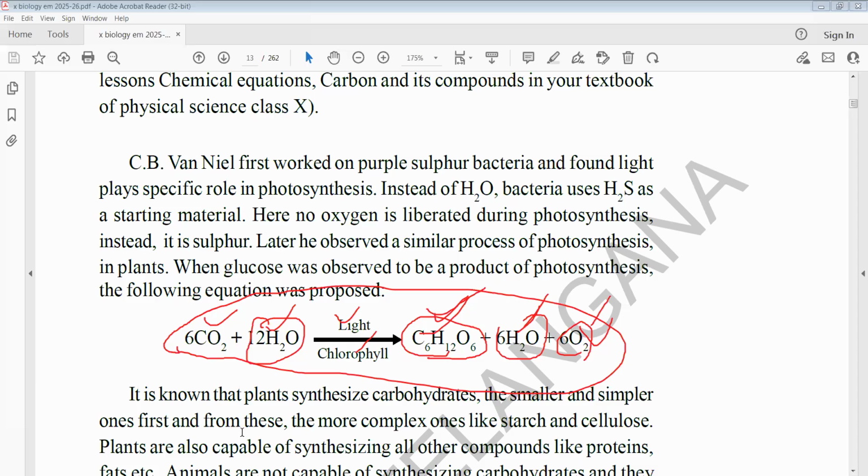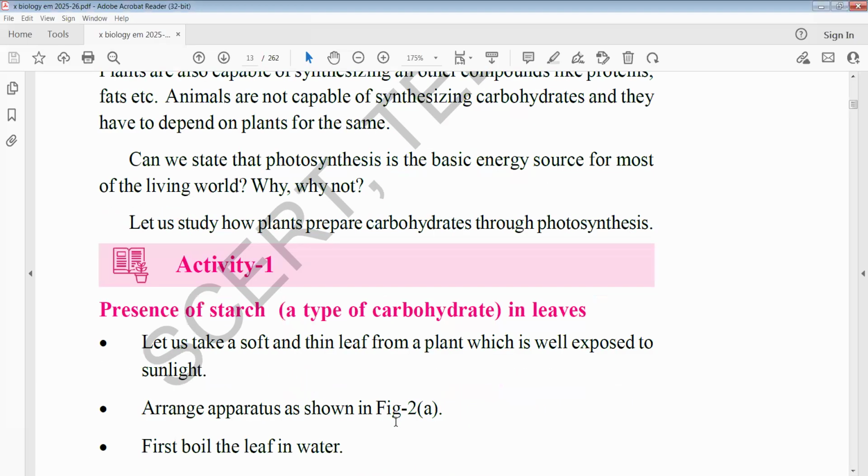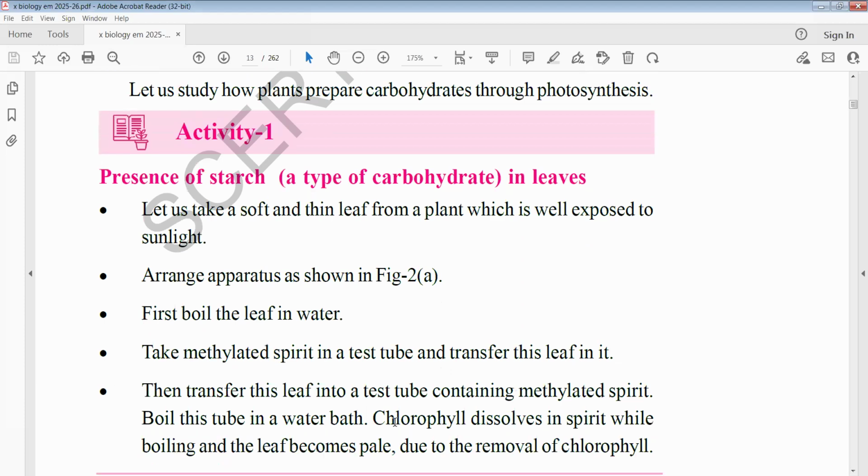Another major important topic here is the starch test. Why is it important? Because in 10th class biology, it is the first experiment, the first activity. After completion of photosynthesis, how can we conclude that starch is forming in the green leaves? For this purpose we should conduct the starch test, to test the carbohydrate in the leaves.